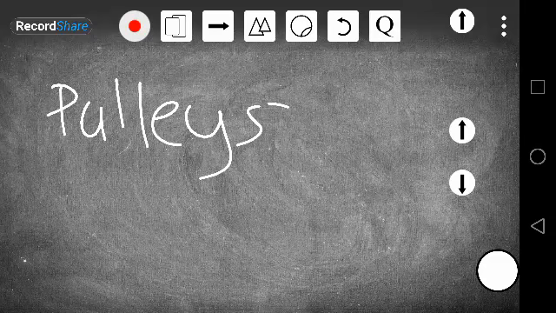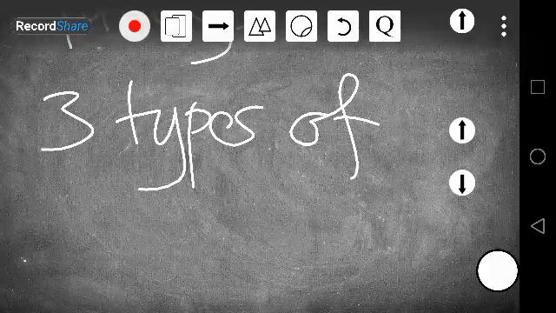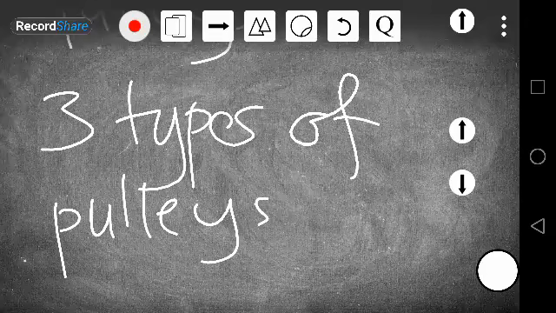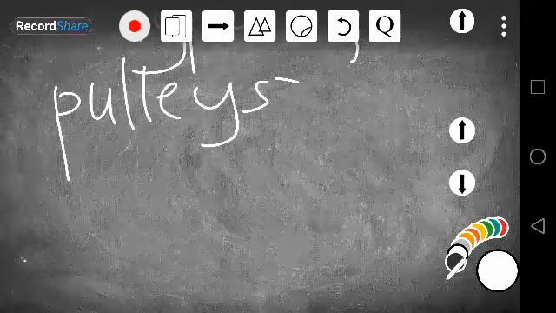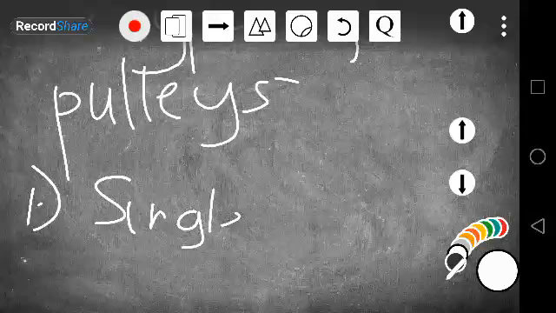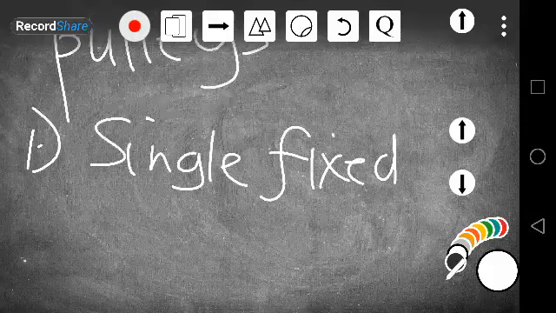So we have basically three types of pulleys. The first one, number one, is called a single fixed pulley.